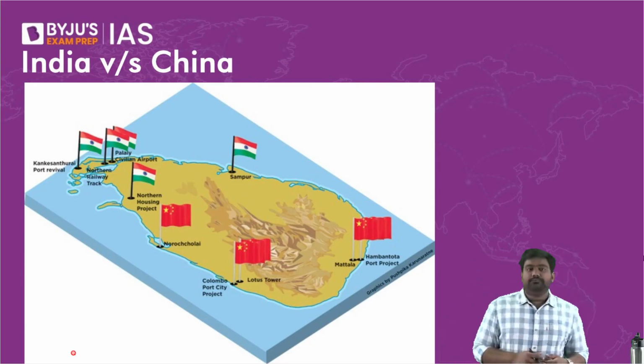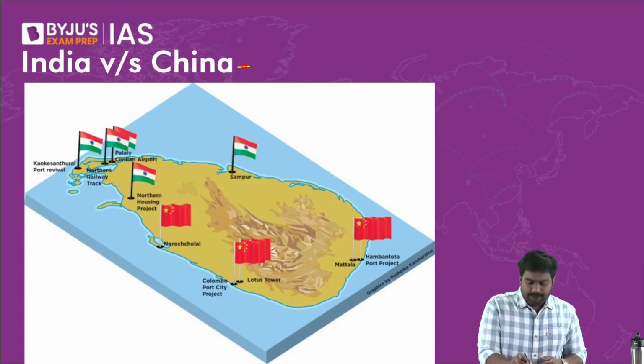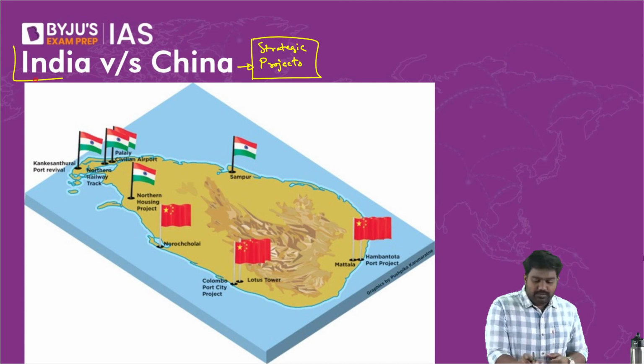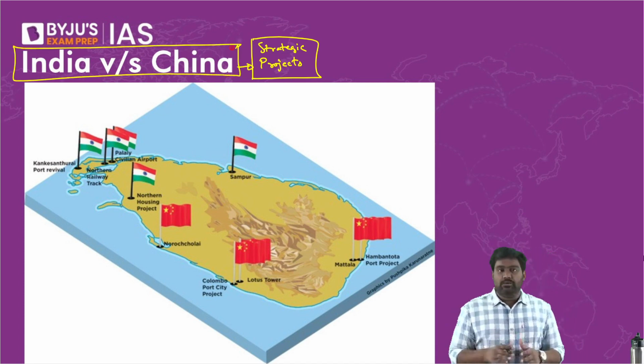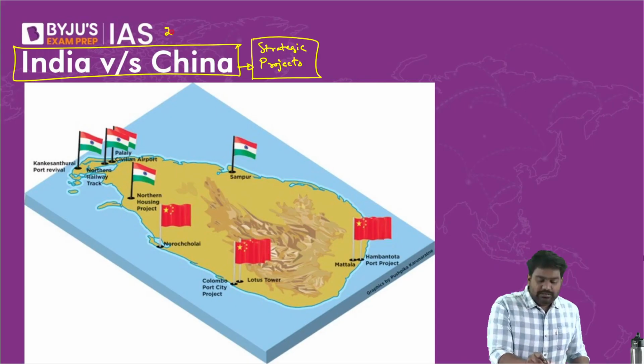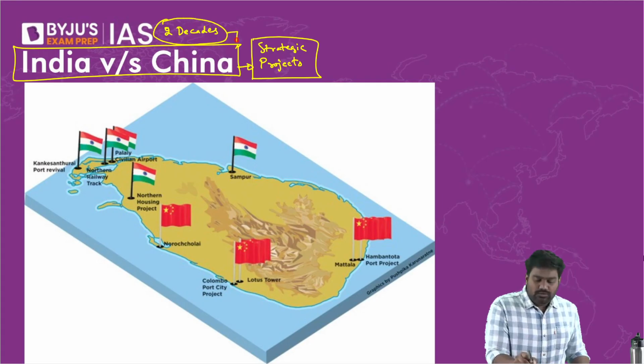Next, let's take a look at the competition between India and China with regard to their strategic projects. We are in direct competition here for the last 20 years at least. From early 2000 till now, in the last 2 decades, there has been intense competition going on where China has tried to counter the Indian influence.